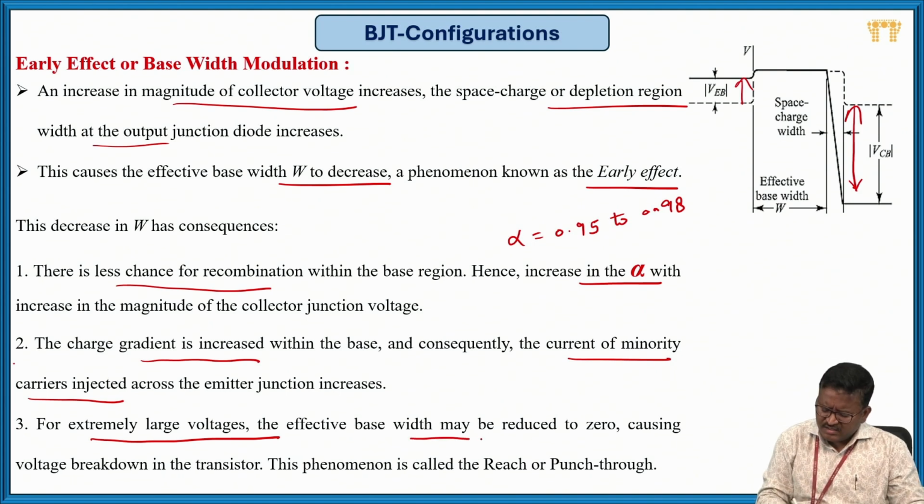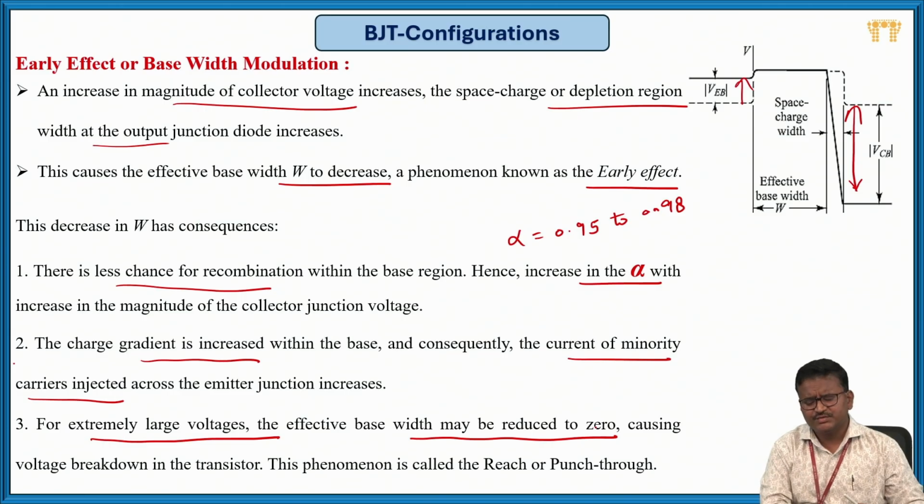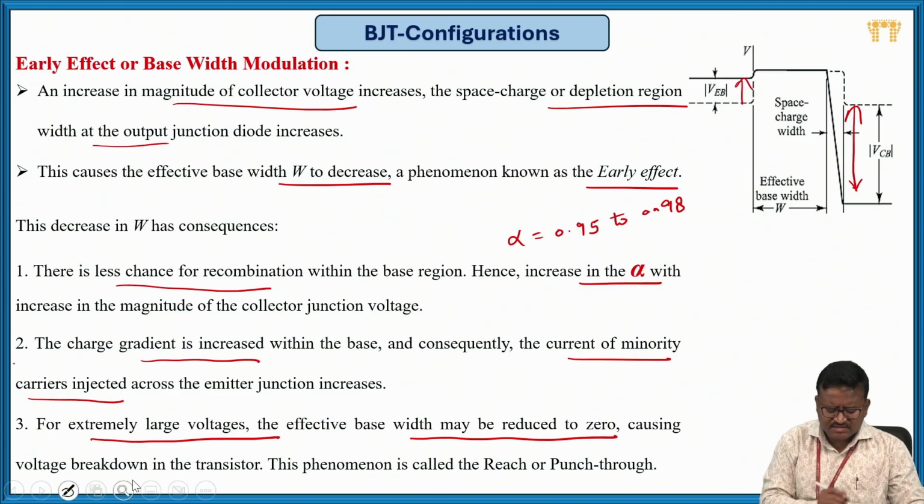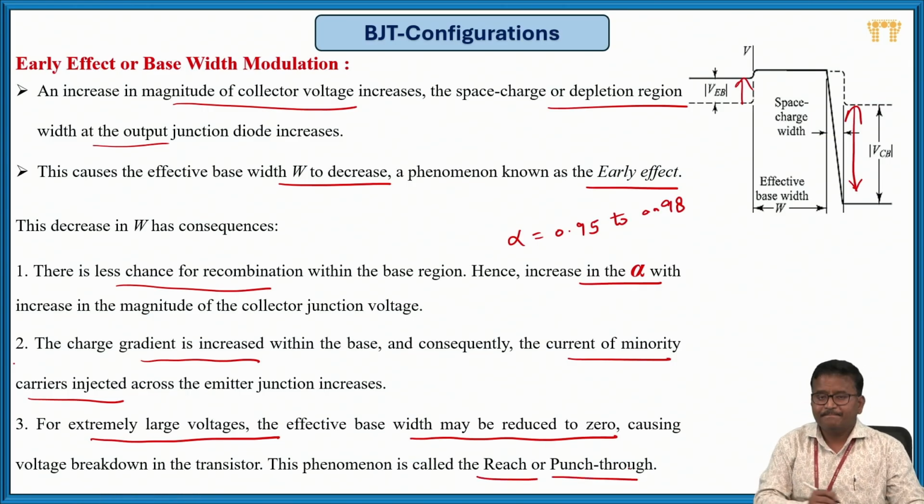The base width may be reduced to 0. This causes breakdown in the transistor, and this phenomenon is called reach through or punch through. The width decreases and reaches the emitter, that's why it is called reach through or punch through. The punch through is caused by the reverse bias potential at the collector base junction.